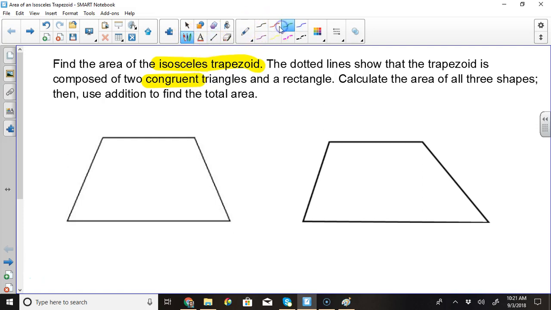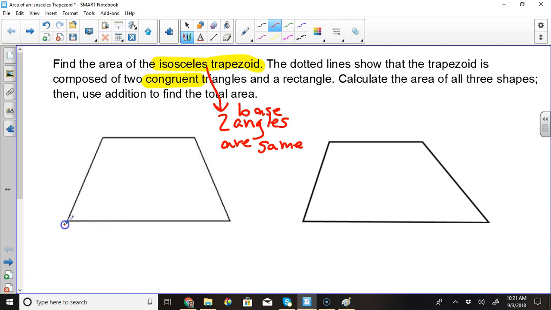So let's break down or define the first word, isosceles. Make sure you write that down in your notebook. Alright, so isosceles, what that means is that two angles are the same. Specifically, two base angles are the same.